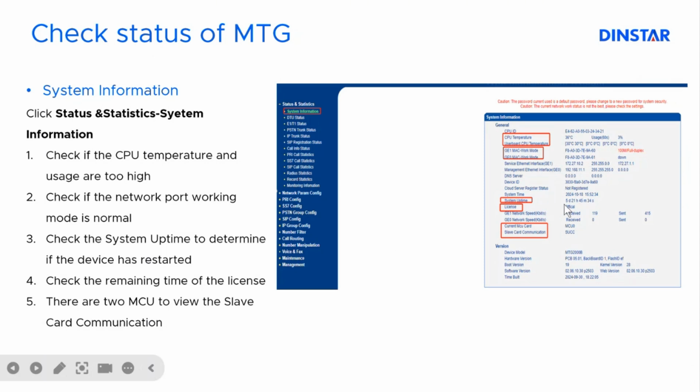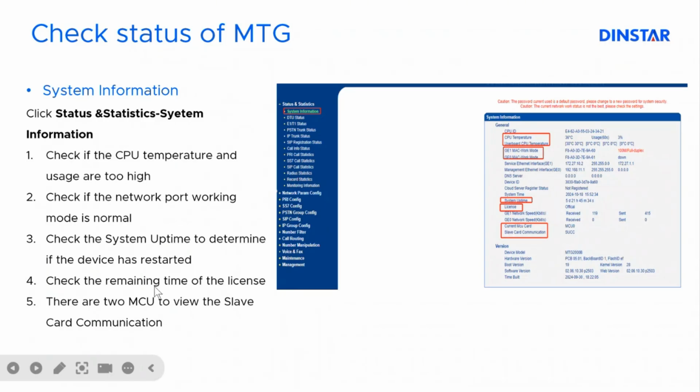Here we can know how long the MTG has been working, so we can check whether the device has restarted unexpectedly. Fourth, we need to check the license validity and the remaining time, on the license page.